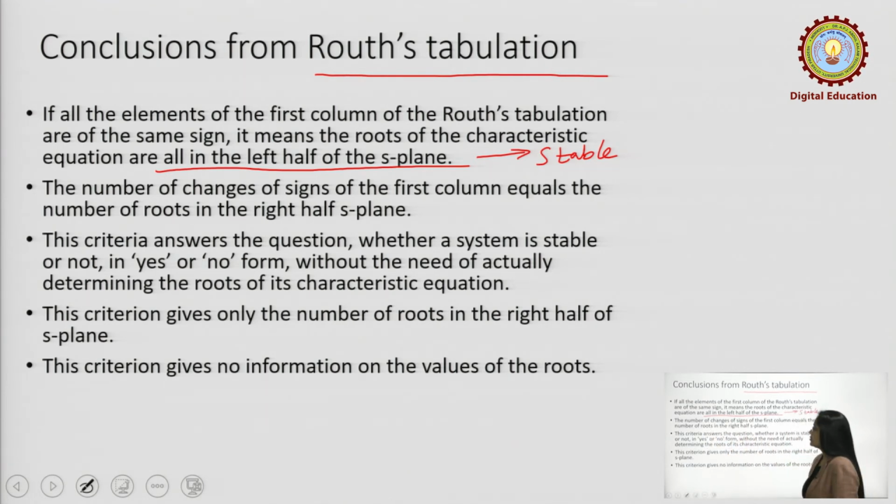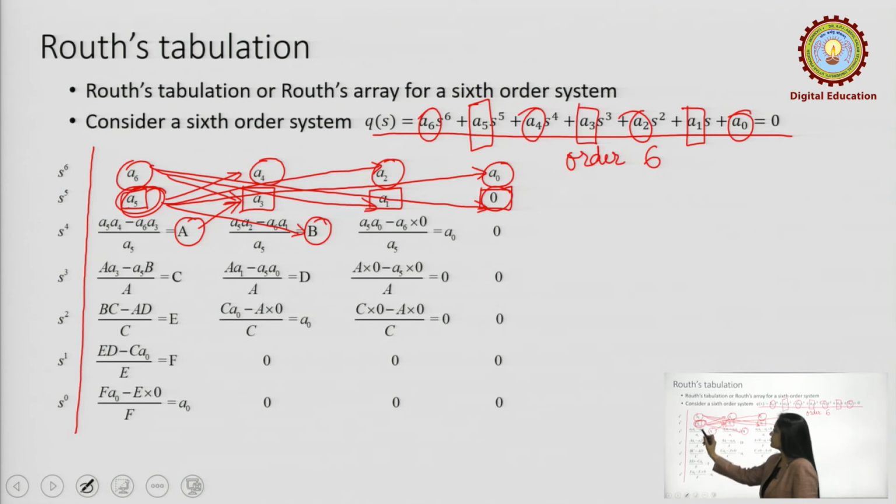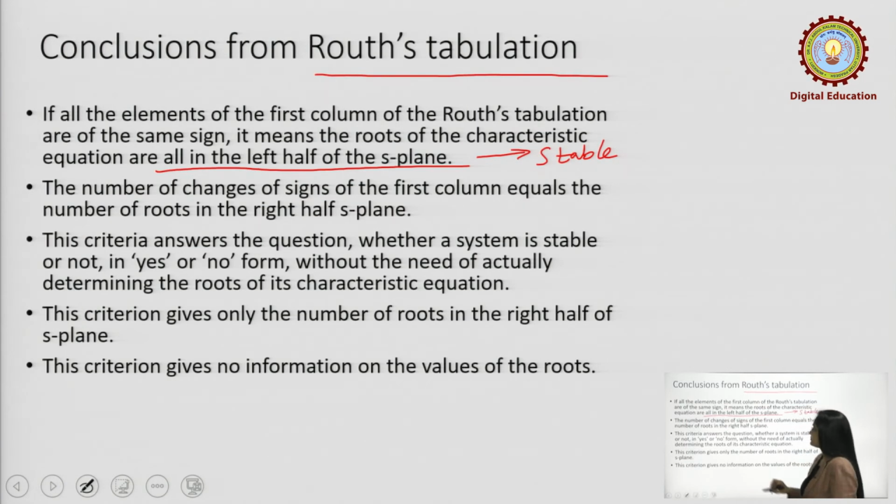So, as I told you, as many changes of sign, for example, we get C as a negative value and then E as a positive value, that means there are two sign changes. Sign has changed from positive to negative and from negative to positive. So, there are two sign changes, and it means that there are two roots in the right half of the S plane.